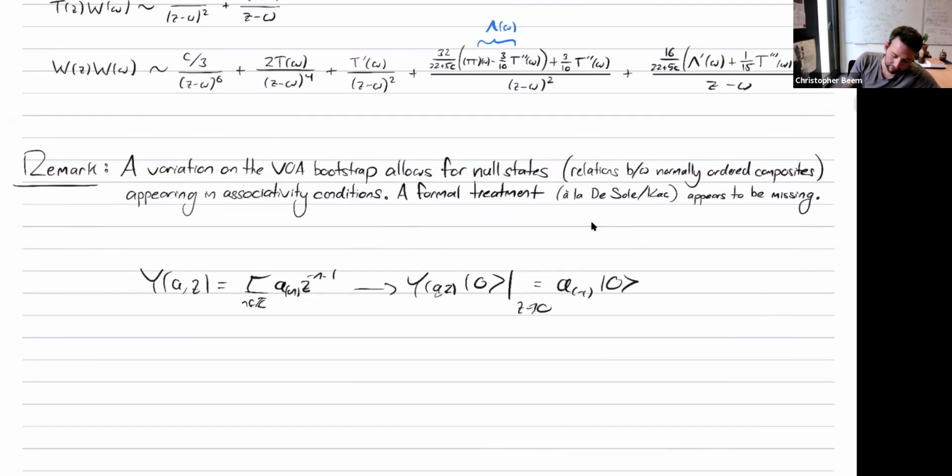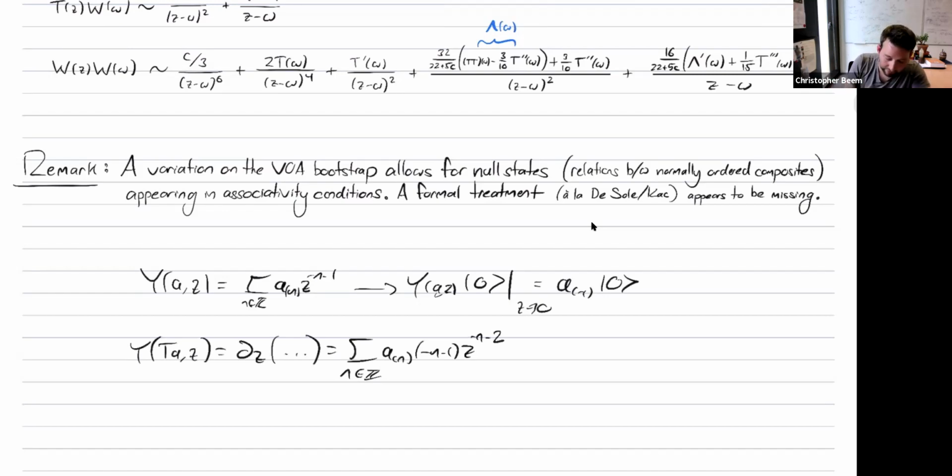Then the translation is supposed to obey the property that the vertex operator associated to Ta is supposed to be d/dz of this stuff. So that's going to be sum of (-n-1) a_n z^(-n-2).